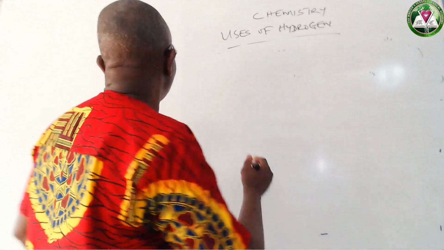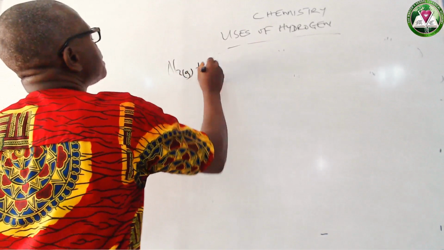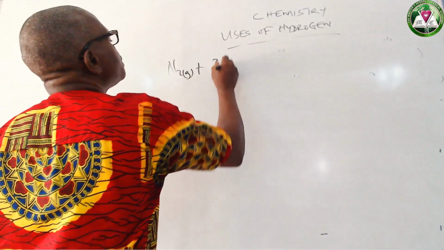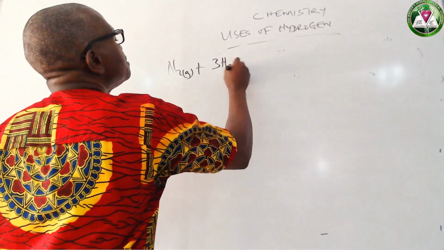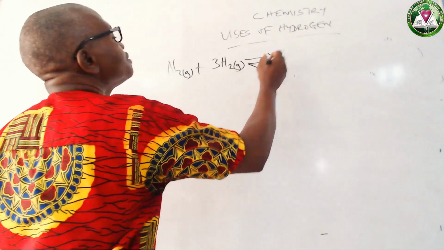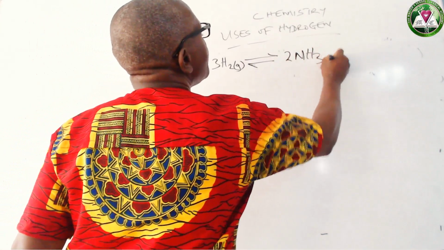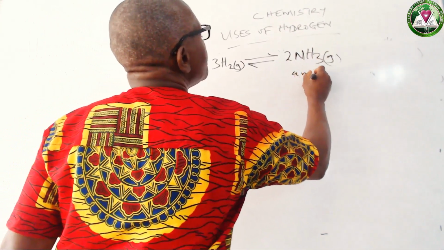It occurs at high temperature. You have your nitrogen gas reacting with hydrogen gas to give you 2NH3 gas. This is your ammonia.